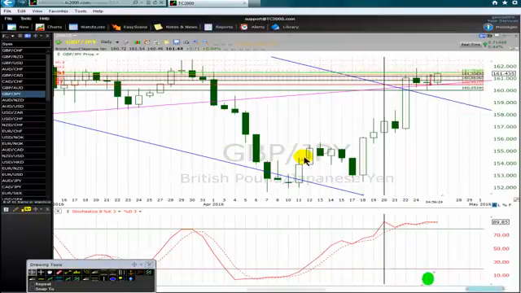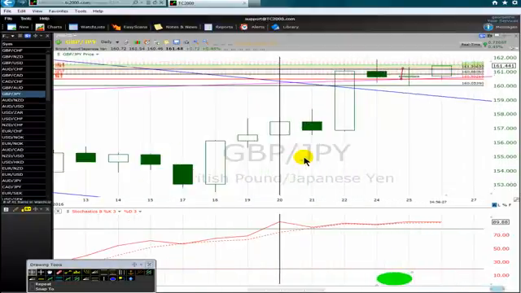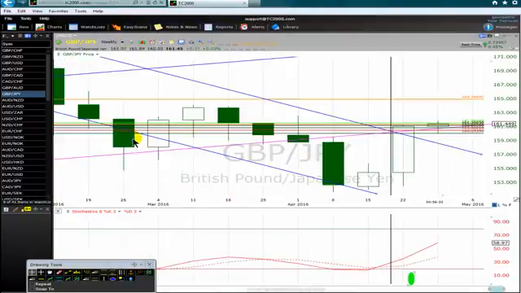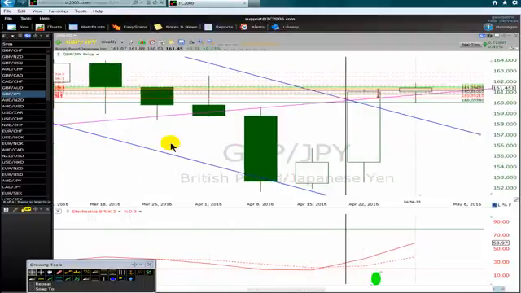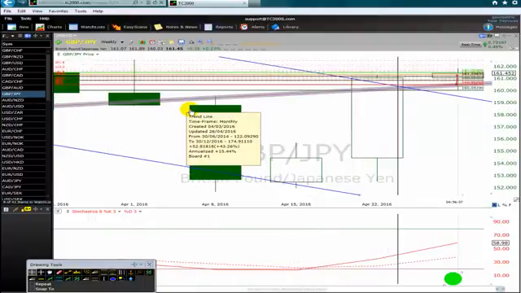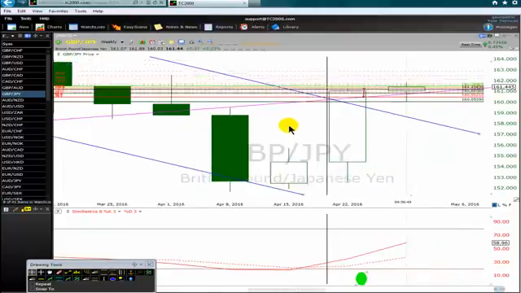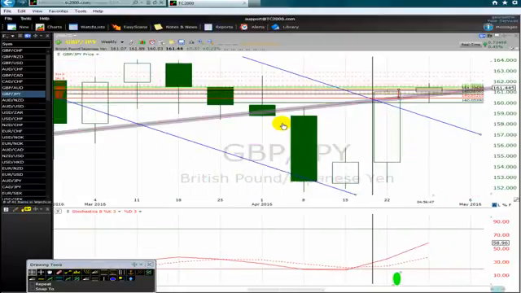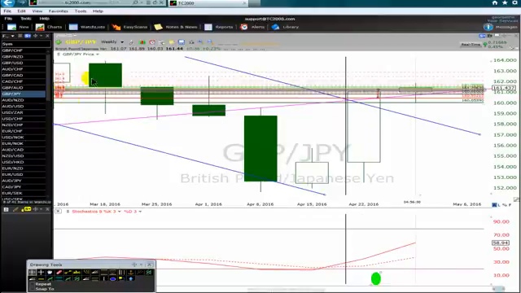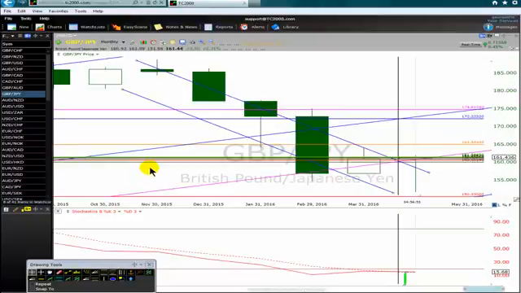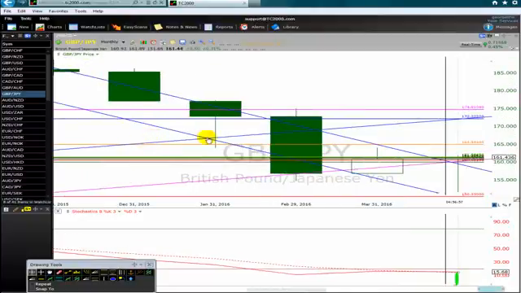Hopefully I can see all my Fibonacci extension levels. It's quite messy here. The lines are here, but it's not very clear. Trying to zoom into the chart.